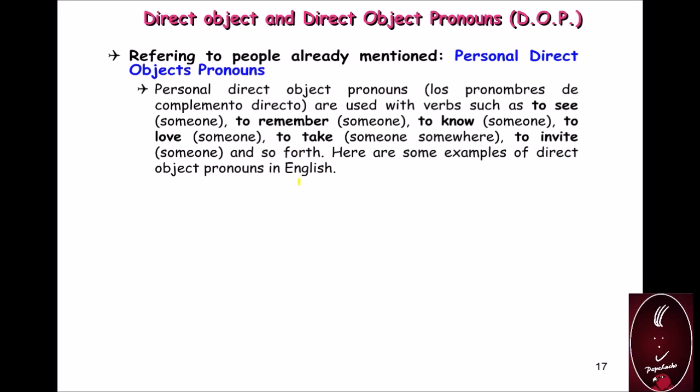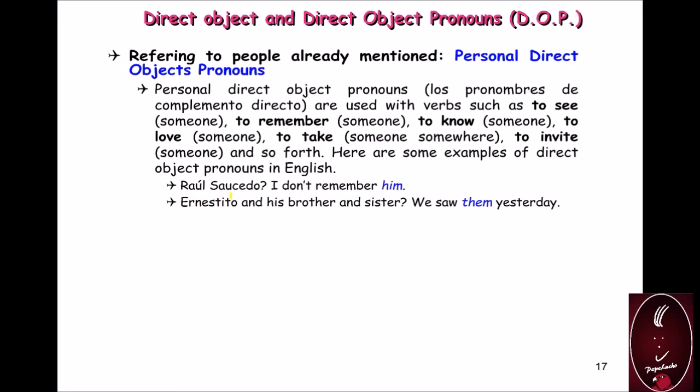When referring to people already mentioned, we use direct object pronouns. Direct object pronouns are used with verbs such as to see someone, to remember someone, to know someone, to take someone somewhere, to invite someone, and so forth. Here are some examples in English.